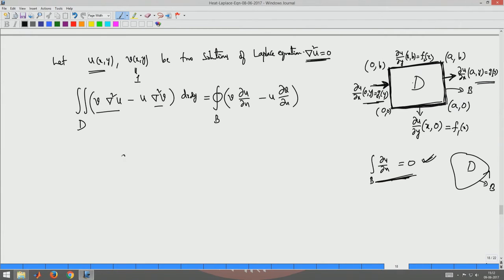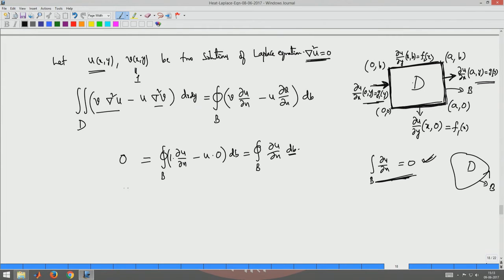So, the left hand side is 0, the right hand side is, over B, v is 1, dou u by dou n times 1 minus u into dou v by dou n, the derivative of a constant is 0. This is like a line integral, okay. So, this over B is 0. So, this is nothing but the integral over B of dou u by dou n db, B is the parameter of this curve.